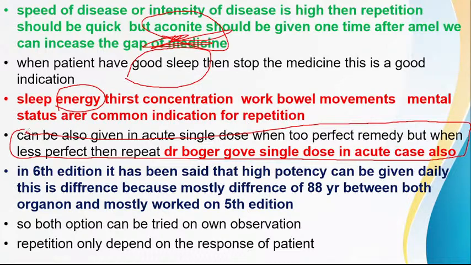So in acute cases, you can also prescribe a single dose, but only when you are so accurate about your similimum. Whenever you are sure about the similimum, you can prescribe a single dose even in acute cases. But when you are not sure about your similimum, then you have have to repeat the medicine. Why?